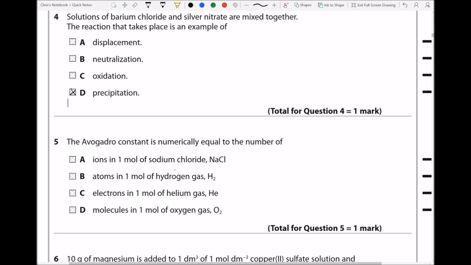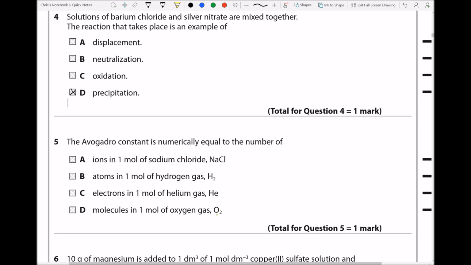B, atoms in 1 mole of hydrogen gas. No, you get 2 atoms here per molecule, so that doesn't meet Avogadro's constant. Electrons in 1 mole, no, it's got nothing to do with electrons, so we can miss that one. So the only one left is D, molecules in 1 mole of oxygen gas.